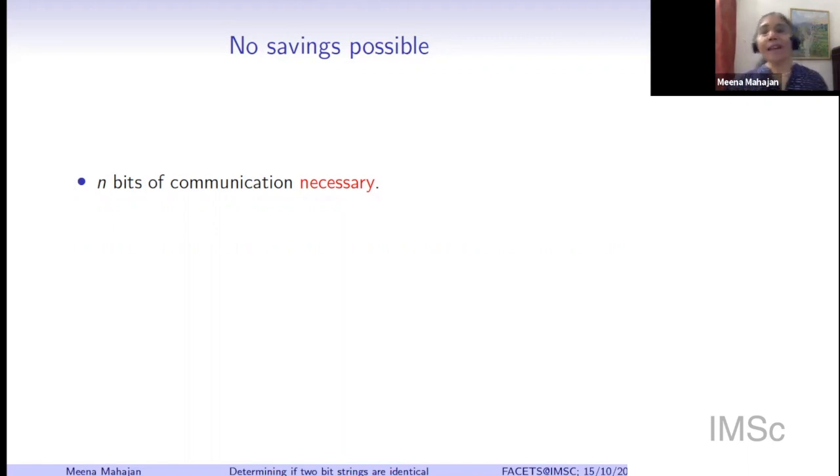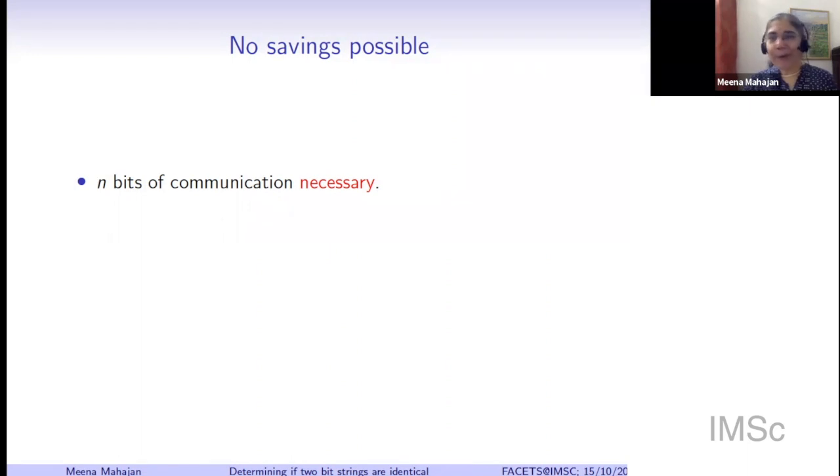It does not matter in what direction this communication is happening. Is it from Alice to Bob, from Bob to Alice, some bits in this direction, some bits in that direction? Whatever is the direction in which the communication is happening, no matter how often it switches direction, n bits of communication is necessary. Like I said, I asked all of you to note down what your vote is. I hope many of you chose this as the answer, that n bits are really necessary.